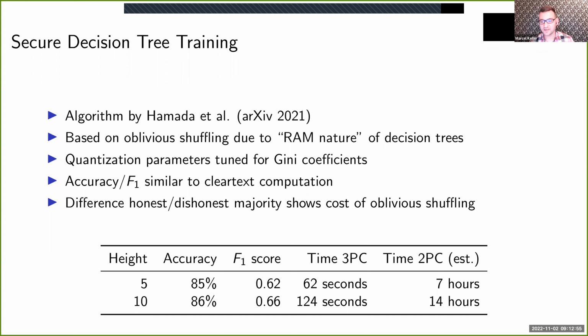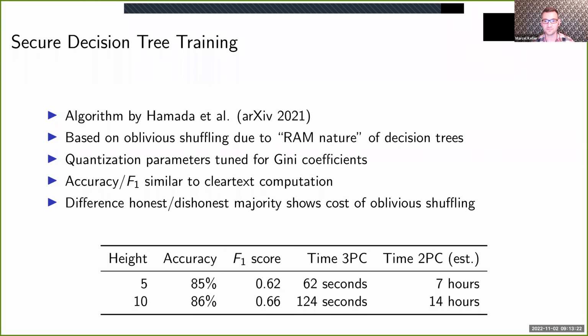More interestingly, for cryptographers maybe, is the difference between three-party computation and two-party computation. Namely that this can be done in the matter of minutes in three-party computation with a very efficient oblivious shuffling protocol. However, in two-party computation, I have an estimate now of like 7 or 14 hours.